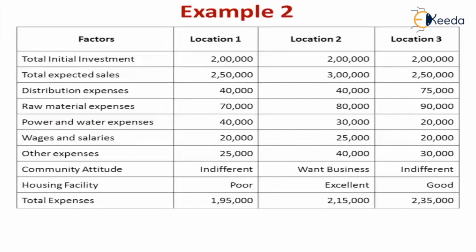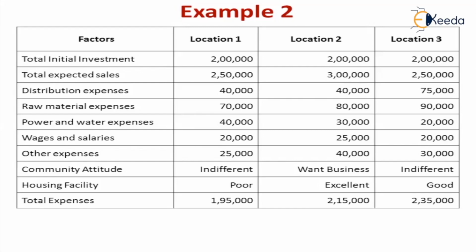So example number 2. Again there are 3 locations, where I have made an initial investment of 2 lakhs in each of the locations, and the expected sales of the particular product in a particular time period are given as 2 lakh 50,000, 3 lakhs and 2 lakh 50,000 in the locations respectively. So for those sales, what are the expenses I am going to spend?